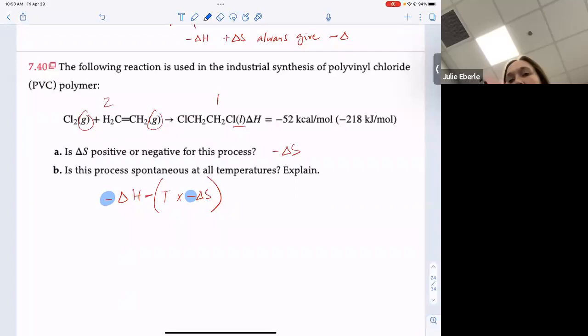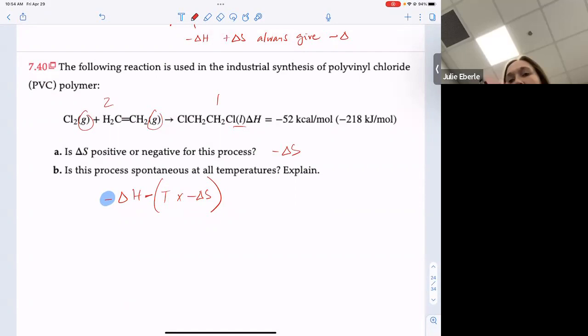If you have a negative delta H and a positive delta S, yeah, spontaneous at all temperatures. You'll always get a negative delta G. If you have a positive delta H and a negative delta S, nope, never spontaneous at any temperature. So the answer here is no, it's not spontaneous at all temperatures. But how would we explain that? Depends on the temp.